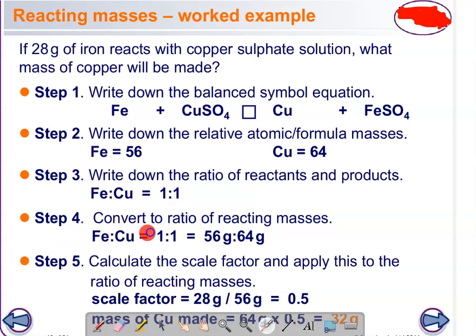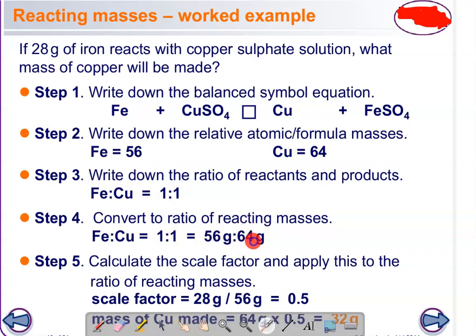Step 4, convert to the ratio of the reactant masses. Instead of the ratio, we put the reactant masses there. 1:1. The relative atomic mass of iron is 56. So it will be 56:46.